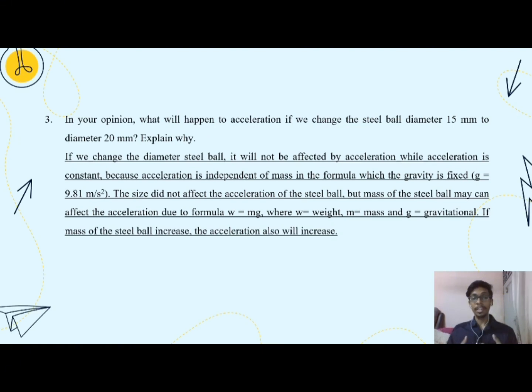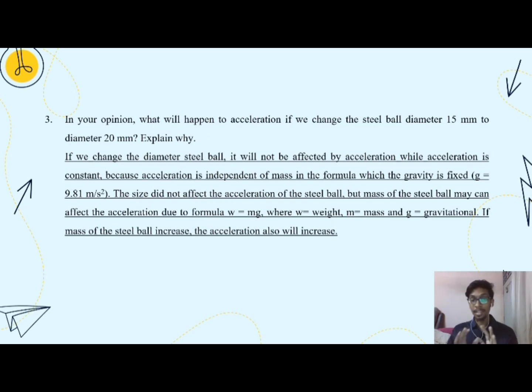If we change the diameter of the steel ball, acceleration will not be affected, acceleration is still constant, because acceleration is independent of mass in the formula, where gravity is fixed, g equals 9.81 ms square.